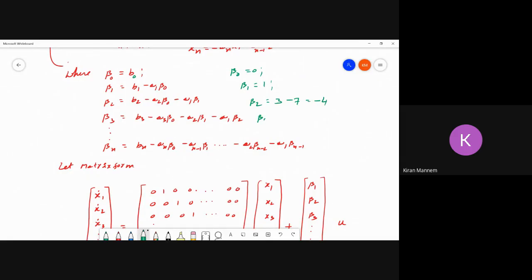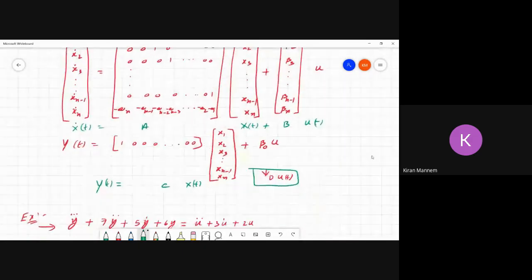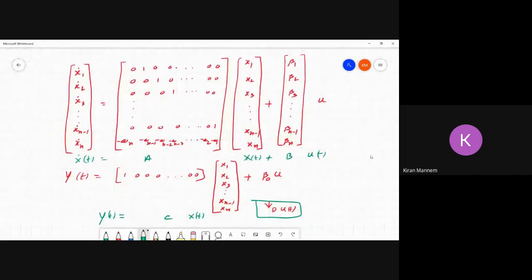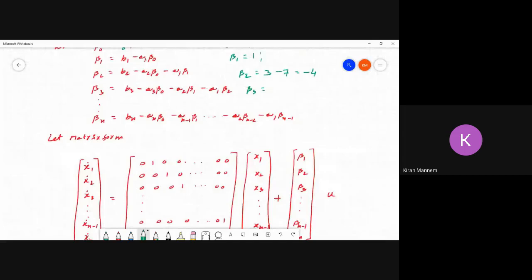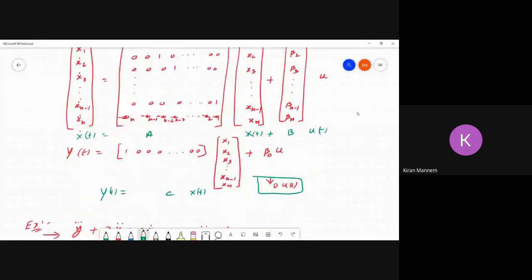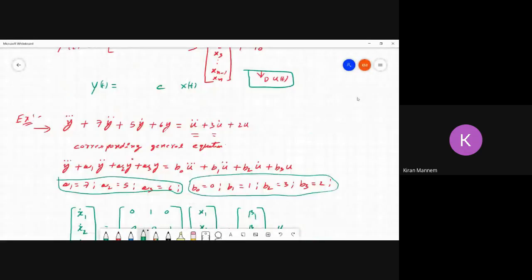So what about beta 3 value? So beta 3 value is B3 minus A3 beta naught, that is 0, minus A2 beta 1, minus A1 beta 2. So B3 value is 2 here. So 2 minus A2, A1. I need A2, A1. So what is A2, A1?